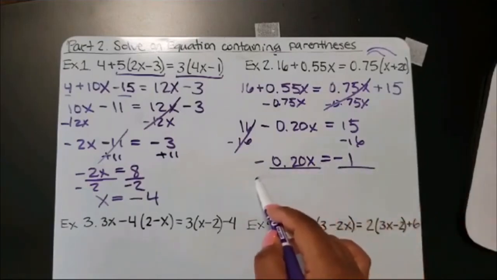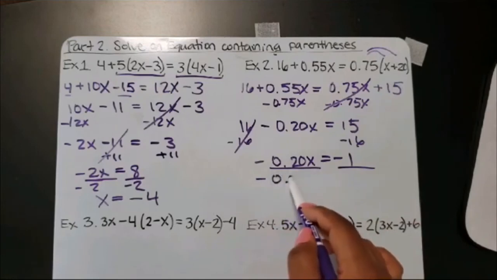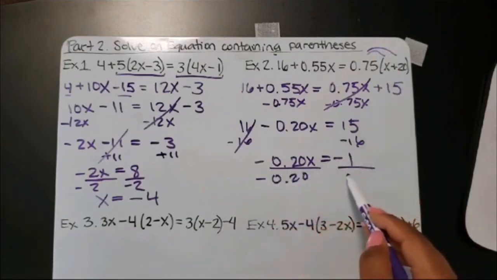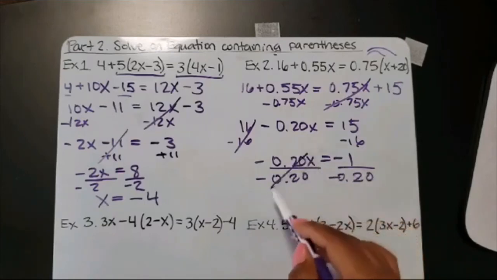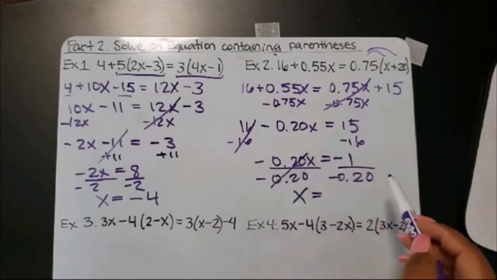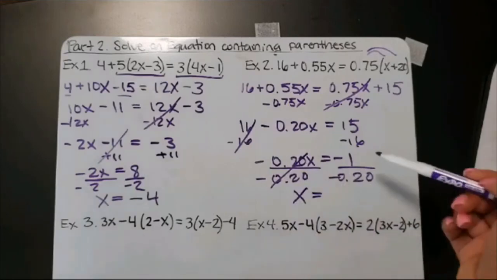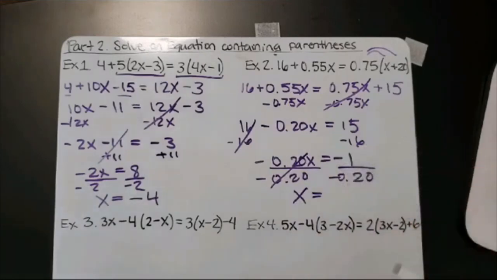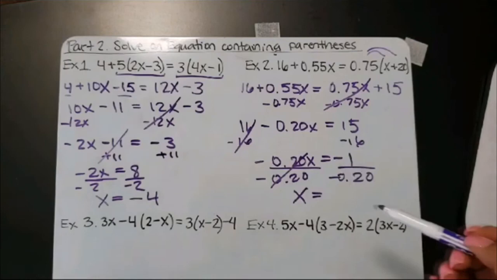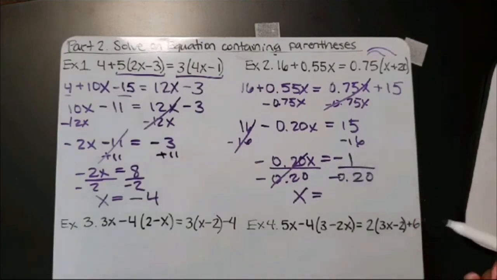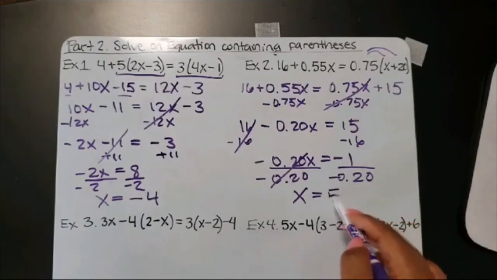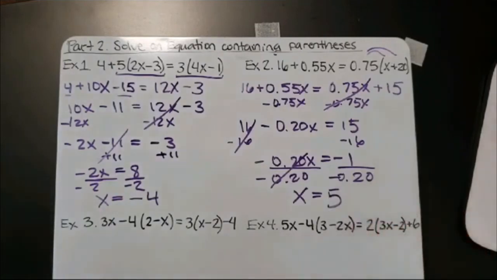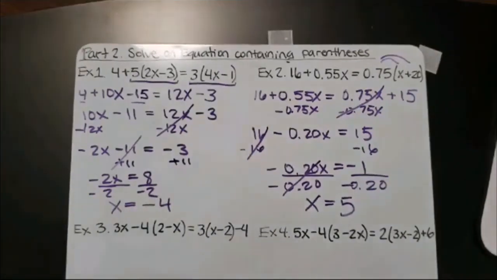From here, we have to divide both sides by negative 0.20. And x will equal, if you put this in the calculator, which is what I recommend, negative 1 divided by negative 0.20, you will get positive 5. For example 2. All right, let's keep on going.